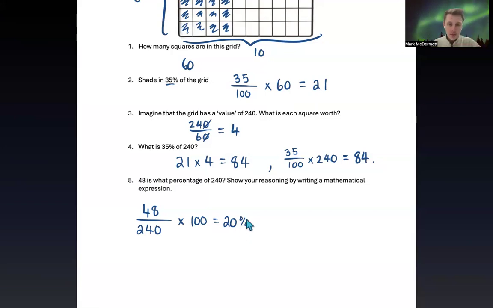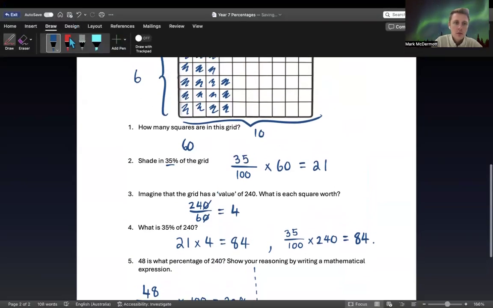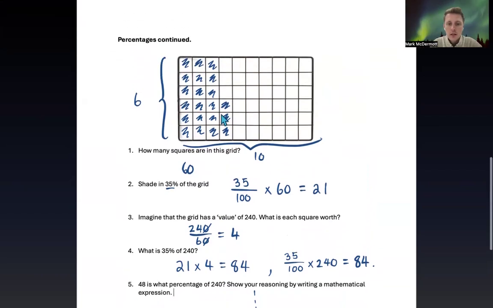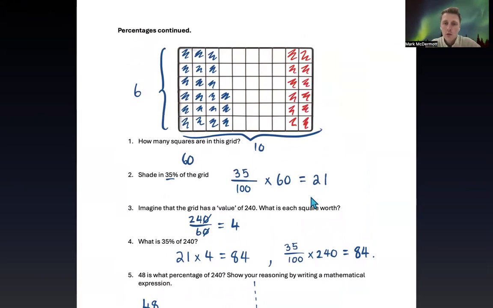But what I really want to do is to draw it back to this analogy that we have going. So let's think about 20% of the grid. Let's come back up here and shade in 20%. That would represent 20%. And now we're still assuming that this bar has a total worth of 240.